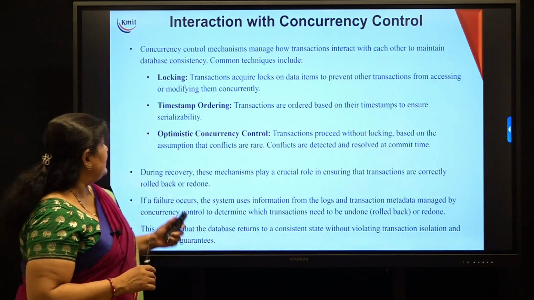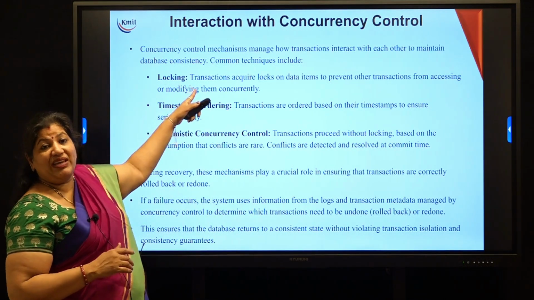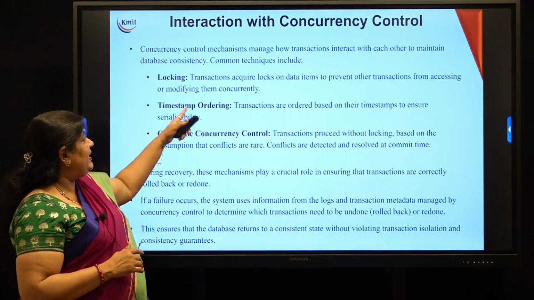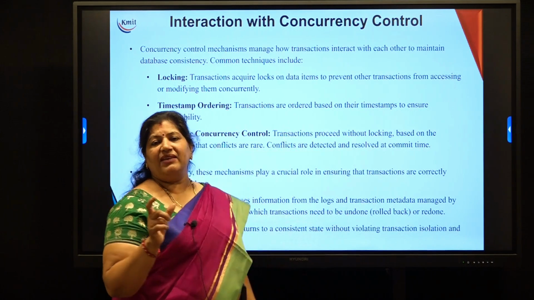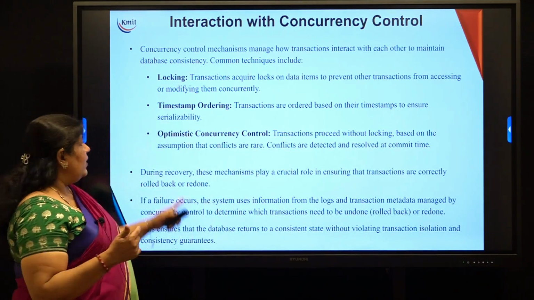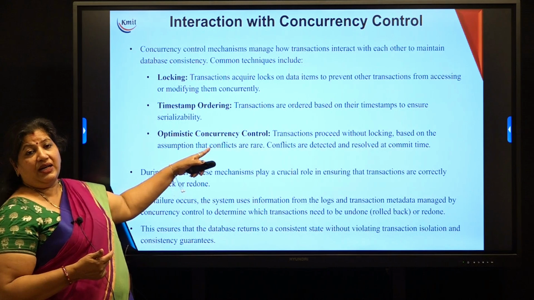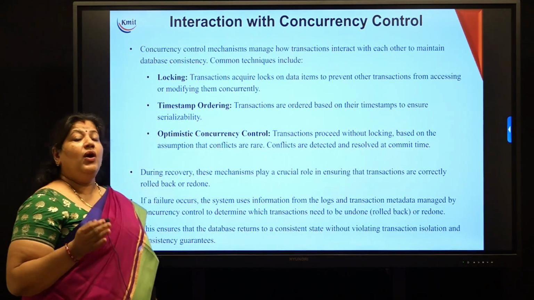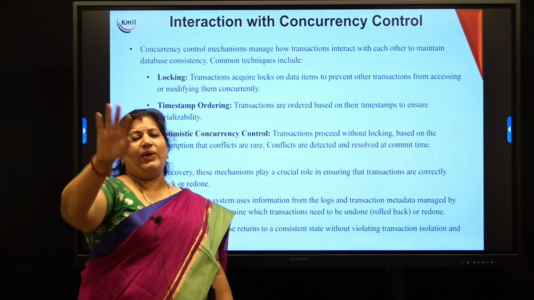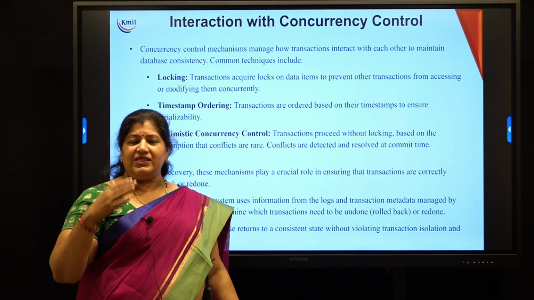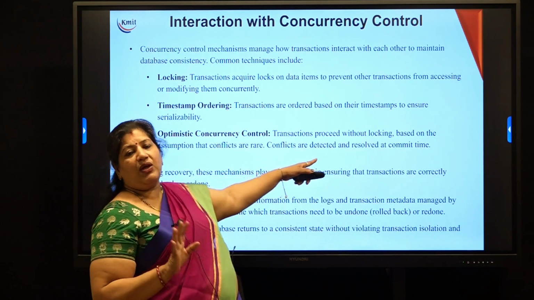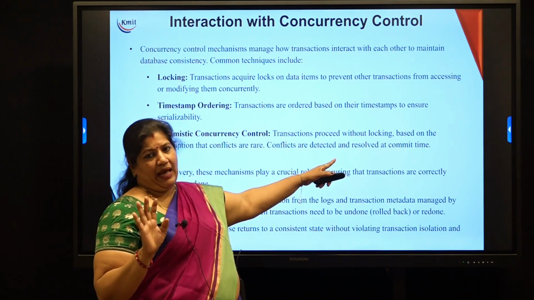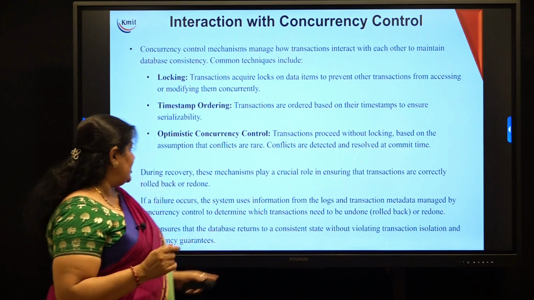We have seen that it uses the two-phase locking protocol, or timestamp ordering, where locks are not used; rather, timestamping is used to ensure serializability. Or we may even go by optimistic concurrency control, where we think that conflicts are very rare. So we allow the system to run as it is, and only during commit it checks whether any conflict happened. It is detected and resolved at that stage itself.